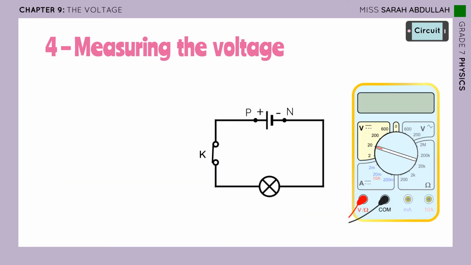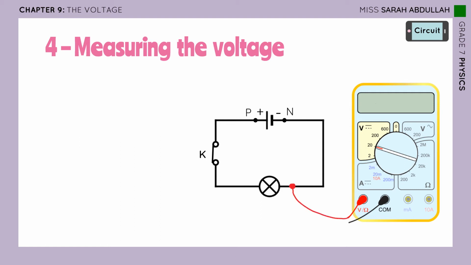Okay, so now what if I connected the V terminal to the same side as the negative pole, just like that, and the COM terminal to the same side as the positive pole? What will the voltmeter give me? You guys remember the case with the ammeter?